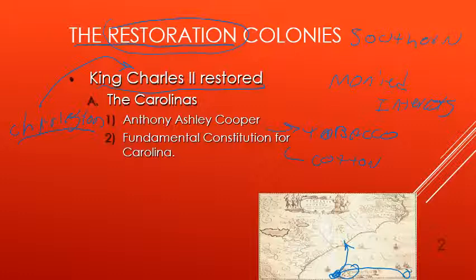One of the big things that we start seeing in these colonial constitutions is something that would become an important part of the United States later on in determining how land distribution is going to work.